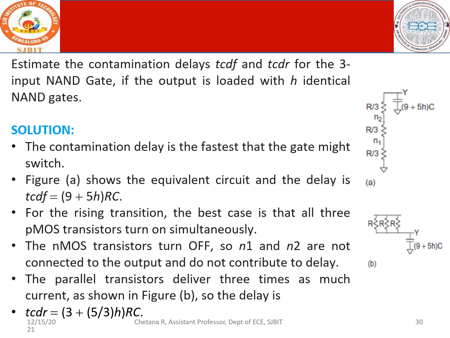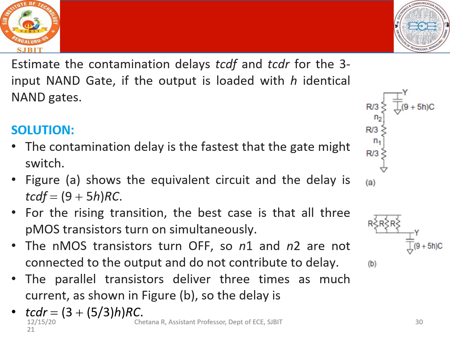Next, we have another representation. We need to estimate the contamination delay for this circuit, which has a capacitance of 9 plus 5H C and the resistances as R by 3, R by 3, R by 3.